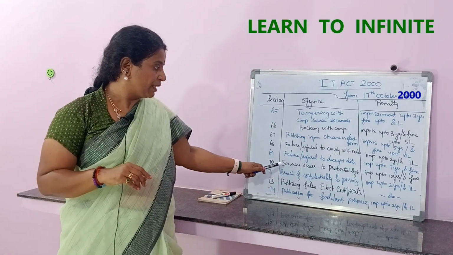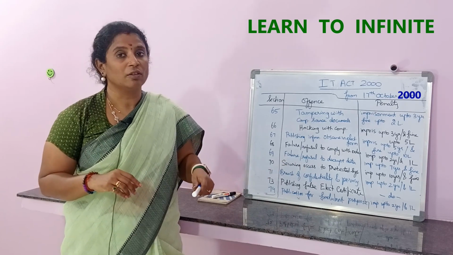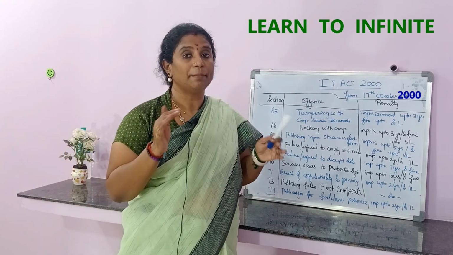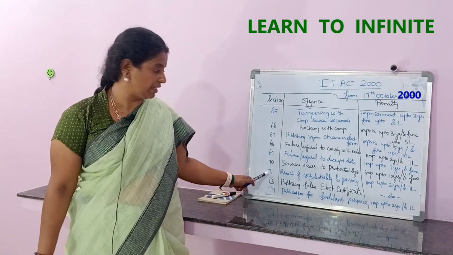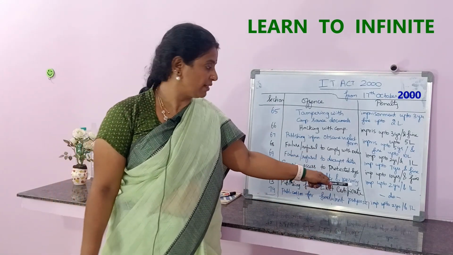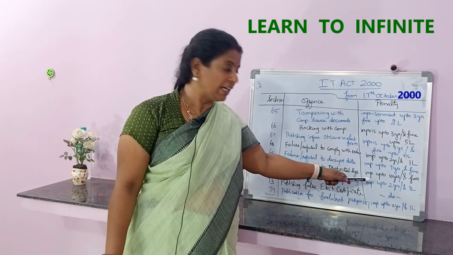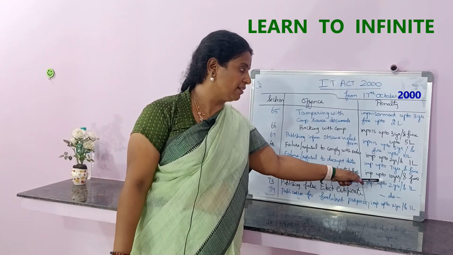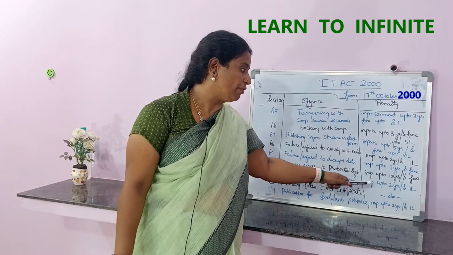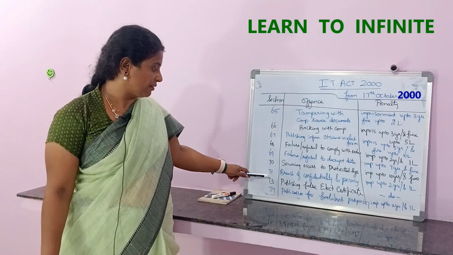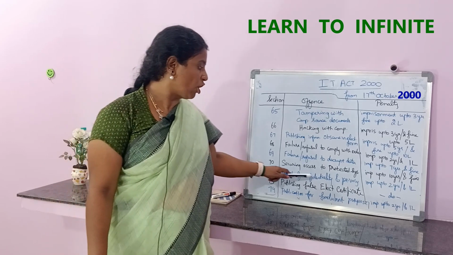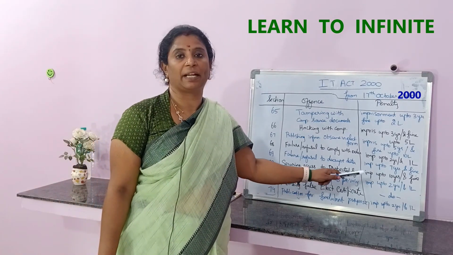If the programmer tries to access data which can be accessed only by the project leader, then he is punishable under section 70, securing access to protected system, with imprisonment up to 10 years and/or a fine of up to 1 lakh rupees.